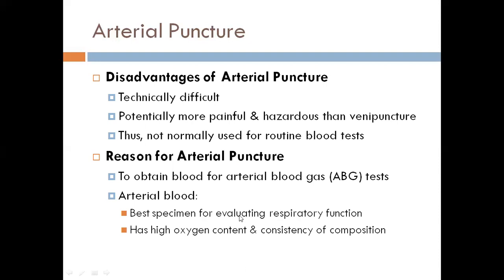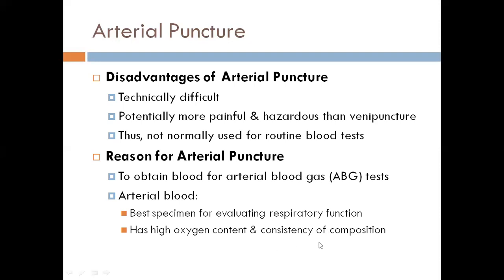So what's the reason for arterial puncture? The primary and main reason is, of course, to obtain blood for arterial blood gas testing or analysis. Arterial blood in ABGA is the best specimen for evaluating respiratory function. At the same time, it has high oxygen content, and consistency of composition is present in arterial blood rather than venous blood.